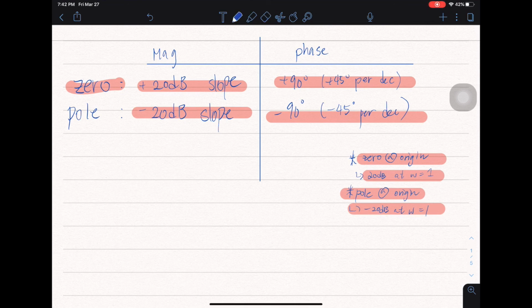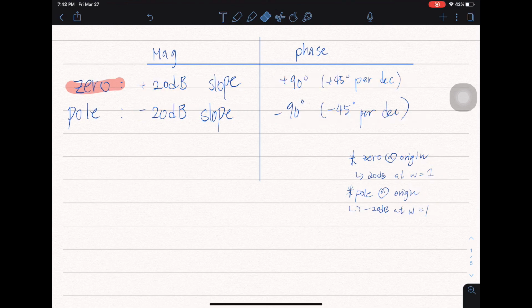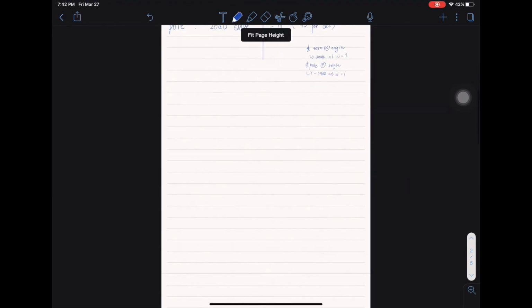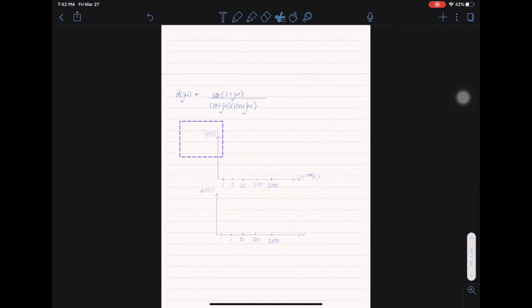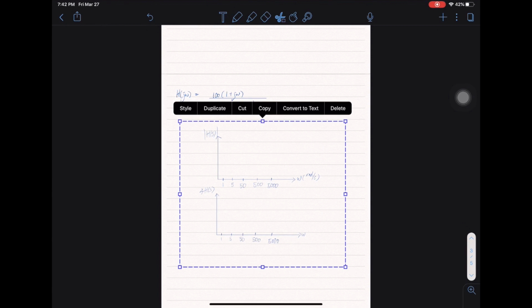So let me try to visualize that for you in the plots with these rules given on top here. So I've already drawn this.